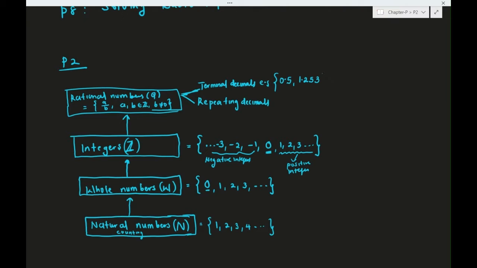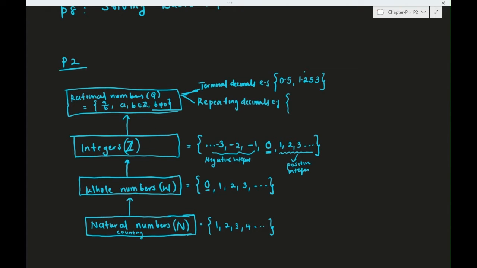Now, all of these types of numbers are rational numbers because you can write them in the form of A over B. For example, this one is just 5 over 10. And this one, you can write as 1253 divided by 1000. So these ones are easy to see. Then there is another class which we call the non-repeating.